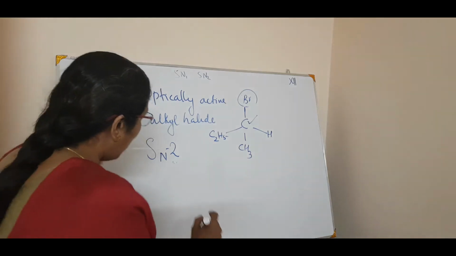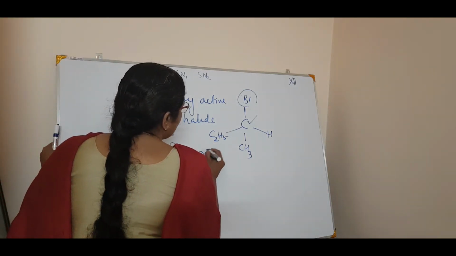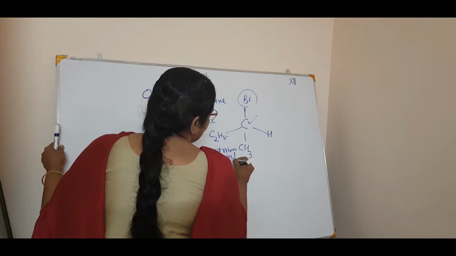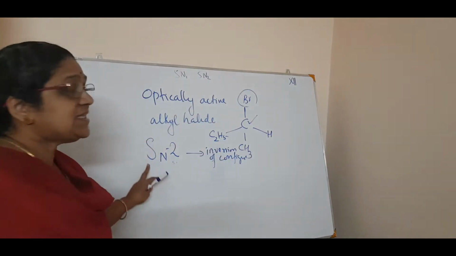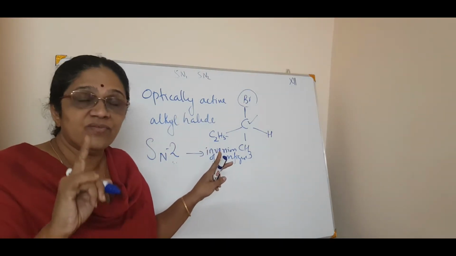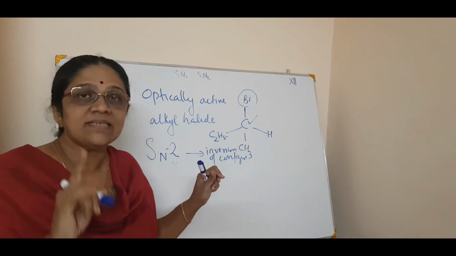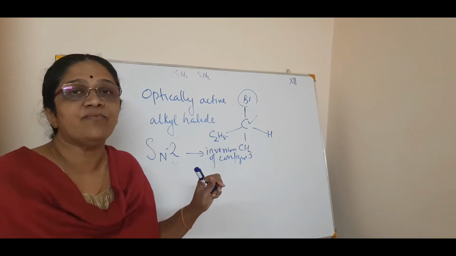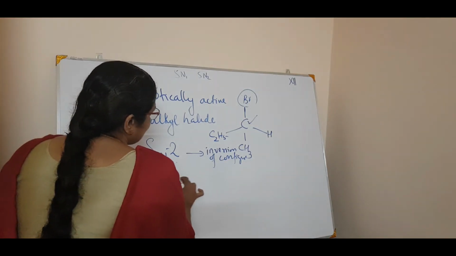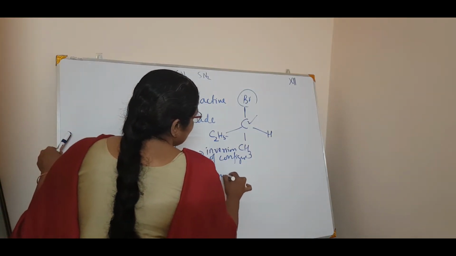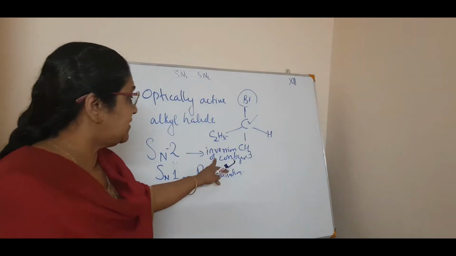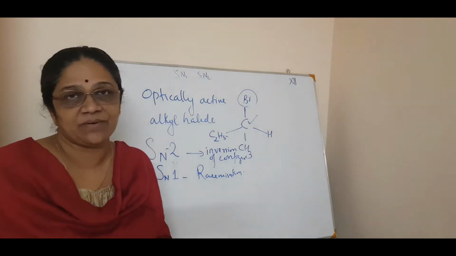So SN2 always follows an inversion of configuration. That is the fundamental point. That means the SN2 mechanism for an optically active halide follows inversion of configuration, whereas an SN1 mechanism follows racemization. We have seen both terms, what inversion is and what racemization is.